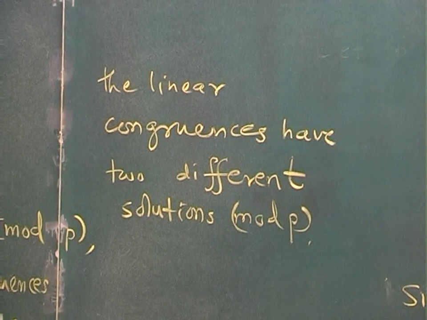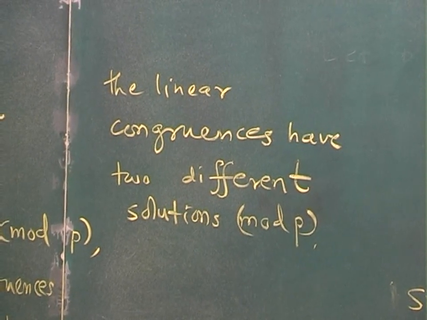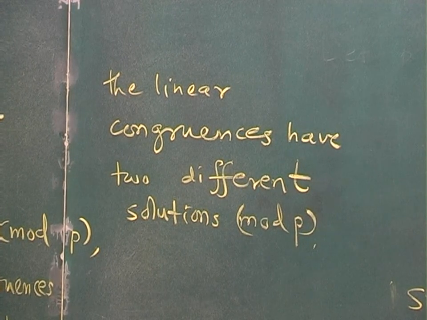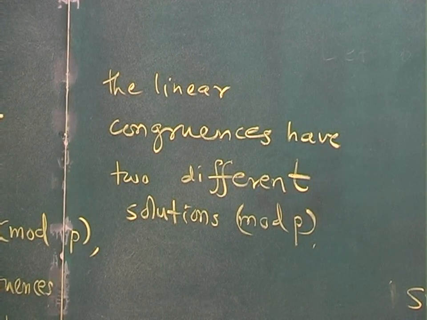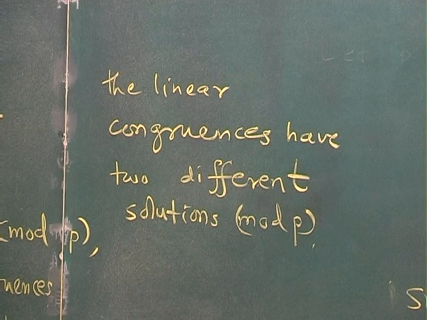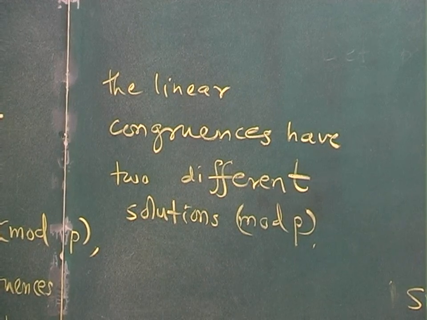So what is the conclusion? The conclusion is that the solution of a quadratic congruence mod p depends upon the discriminant. If the discriminant is not a square mod p, then there is no solution to the quadratic congruence.